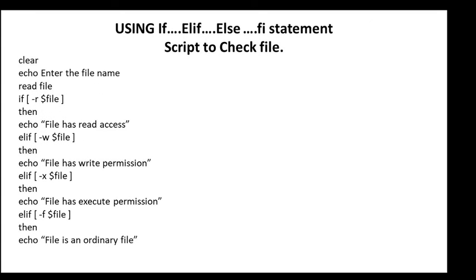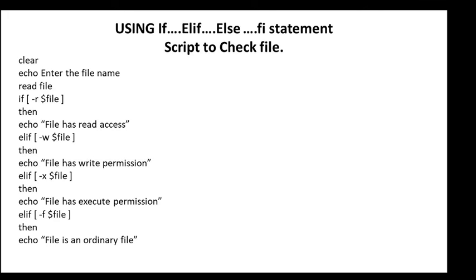Next one. Till now we have discussed using if, else, and if-else statements. Here we are going to discuss the if, elif, else statement. Here multiple conditions will come. Enter a file name, read file.